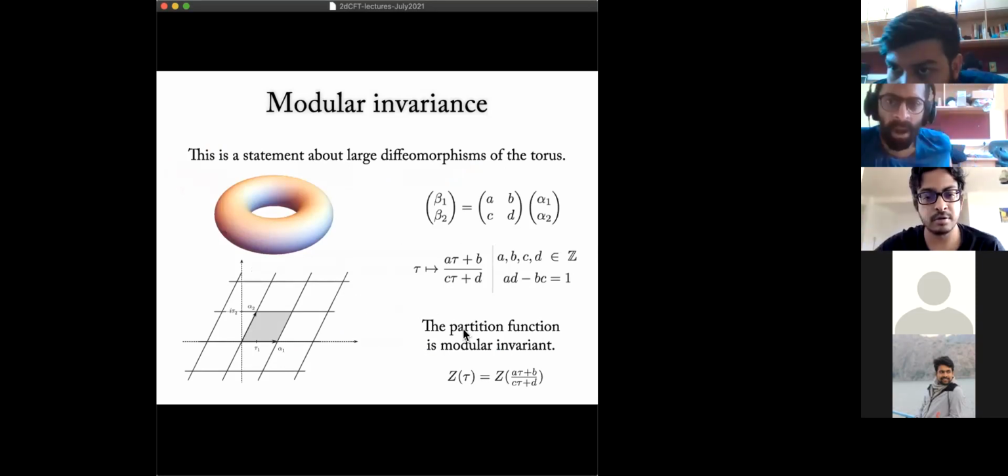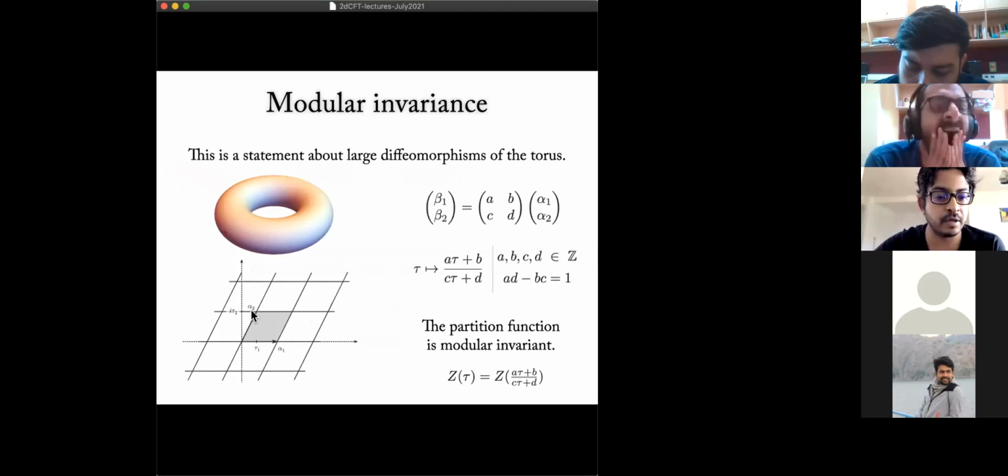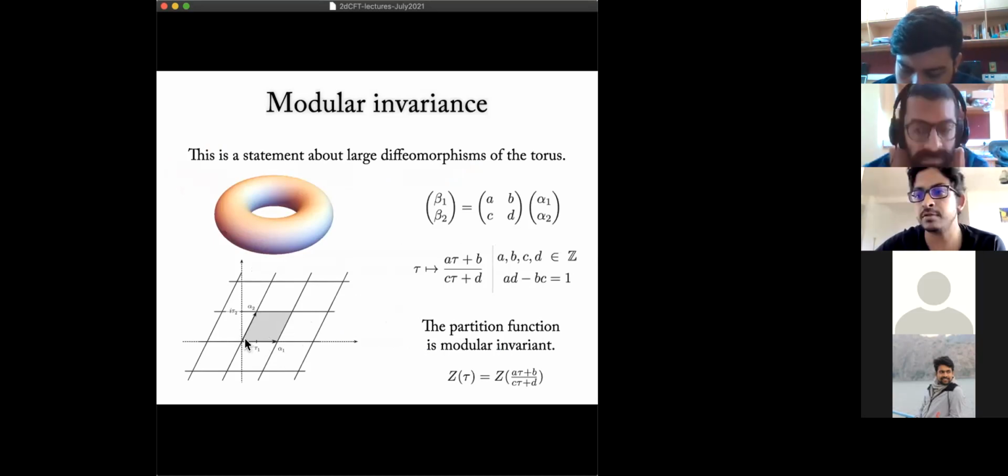And more formally, you can write it as this modular invariance. You can think of the torus as this parallelogram with opposite edges identified. You have got two basis vectors for this parallelogram, and you can do linear transformations to these basis vectors. Under this specific linear transformation, you still get back the same torus.